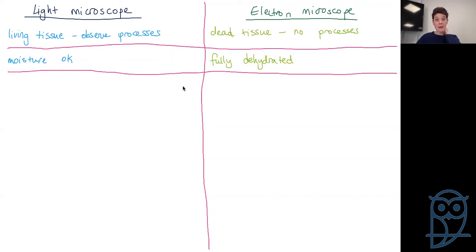Okay, so for a light microscope, we do it ourselves. AS Biology includes making our own microscope slides. So obviously, slide creation is relatively easy and straightforward. Maybe not quite the first time you put a cover slip on, but it does get easier with a bit of practice. So our slide prep is easy and straightforward.